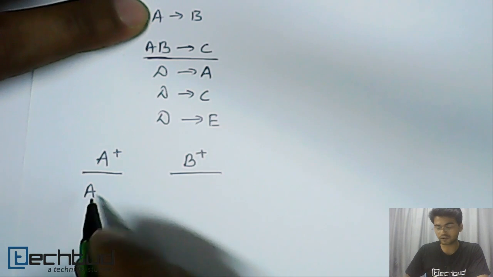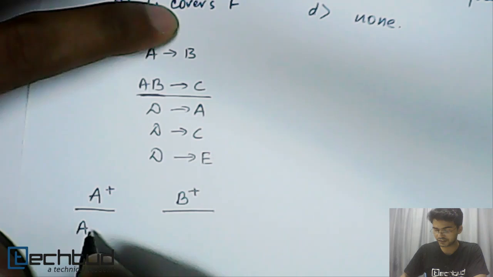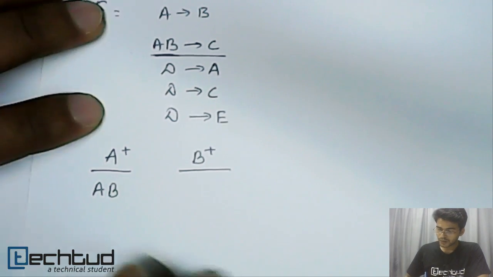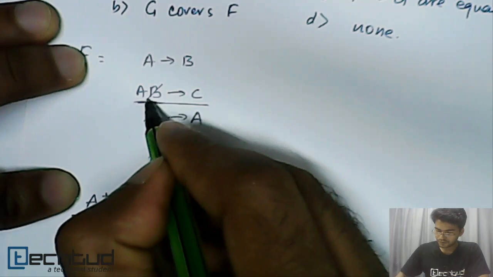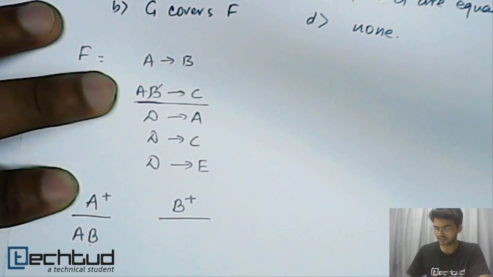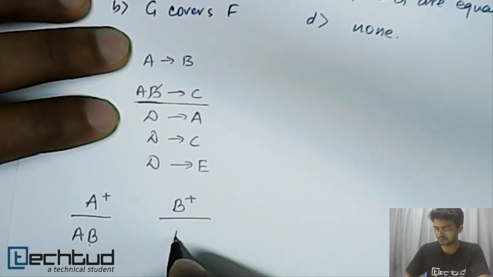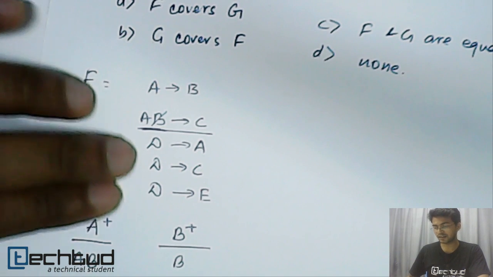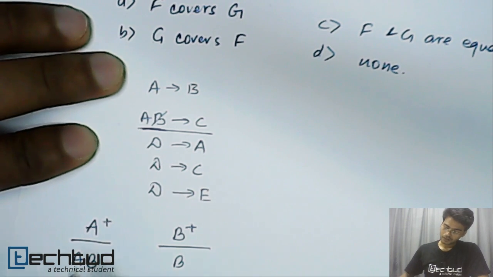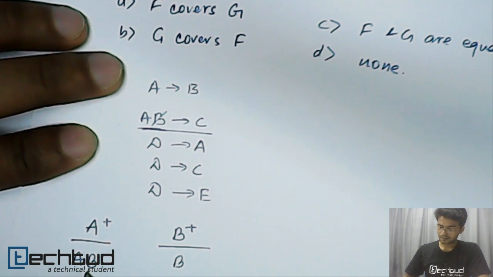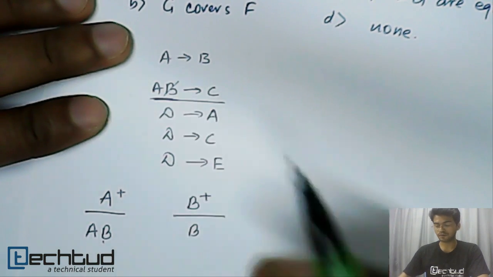Then from A, if you see this functional dependency, we can find B. As from A we can find B, this attribute can always be found, so this is extraneous. Now let's find B plus. B plus is B only, because we don't have anything here which derives from B. So this is B only and this is AB, and we can find B, so we will just remove this B from here.